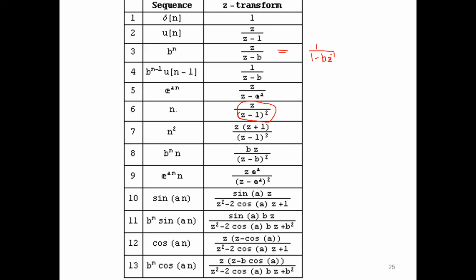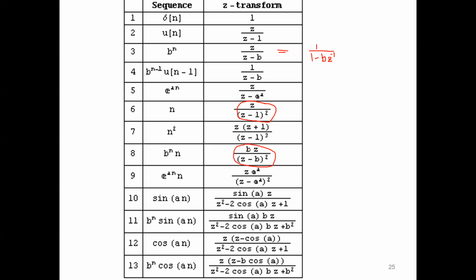Okay. So what about number 8? What's the difference? The difference is with the b, right? So you can see it is bz over z minus b whole thing square, right?